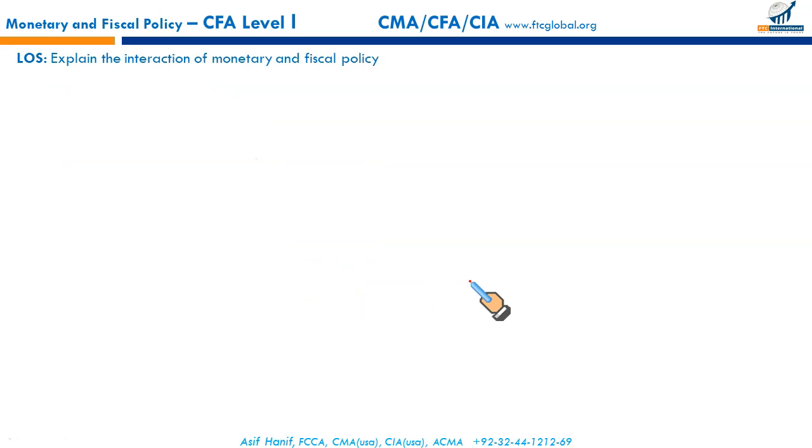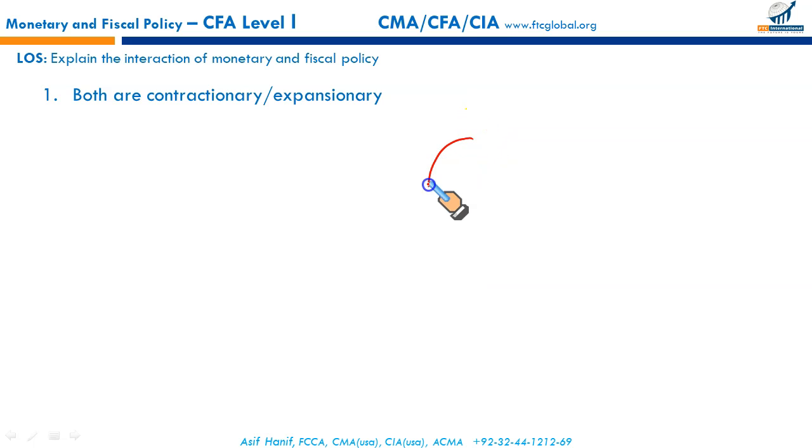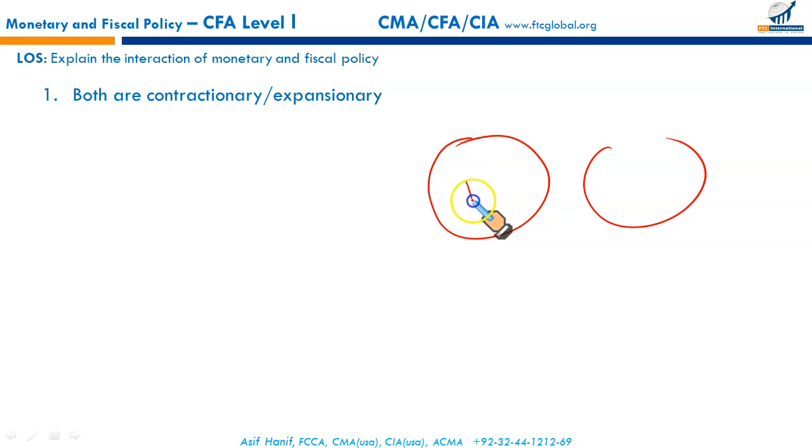And then the last LOS: explain the interaction of monetary and fiscal policy. Both monetary and fiscal policy can either be expansionary or contractionary. So sometimes when they are in conflict, they might cancel each other out.